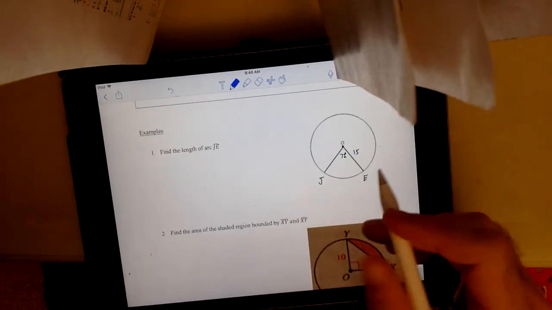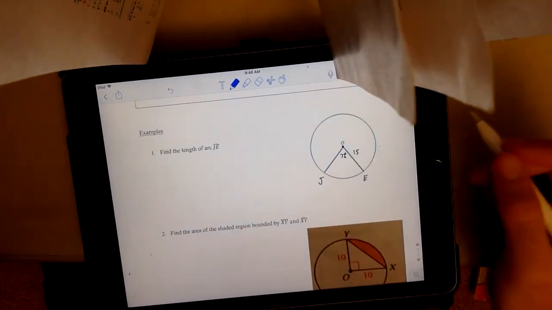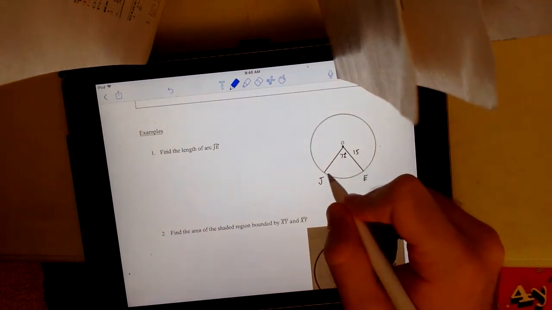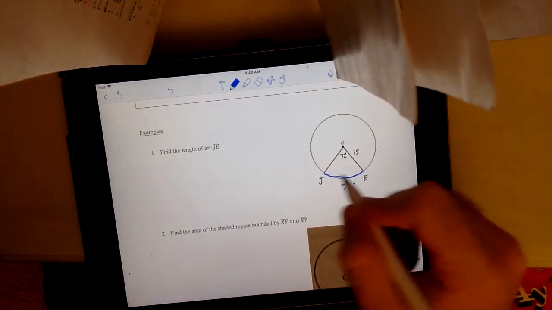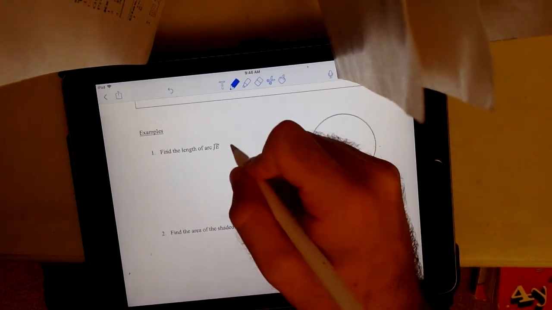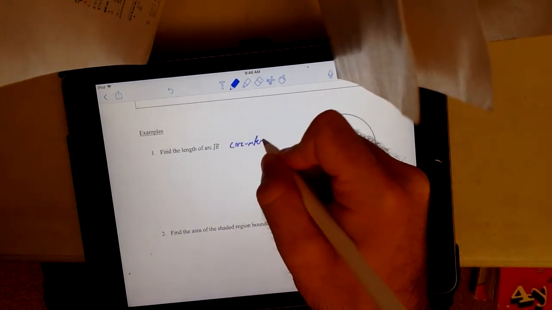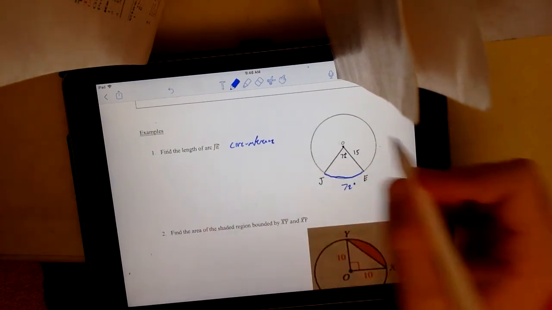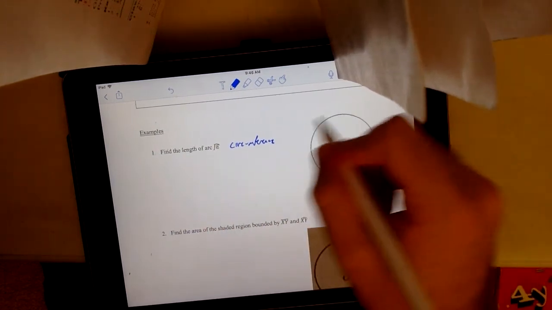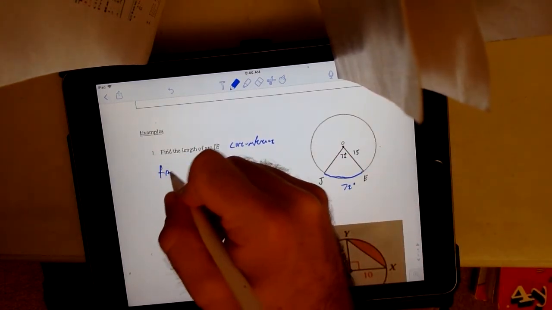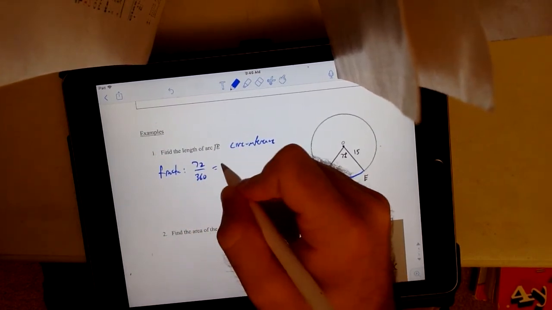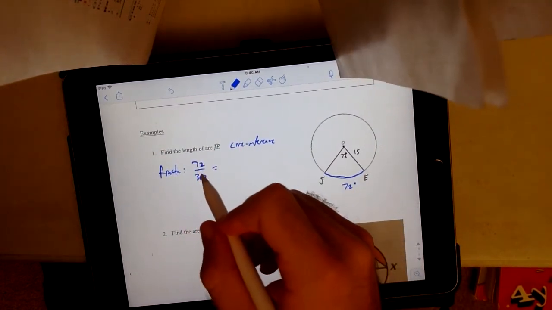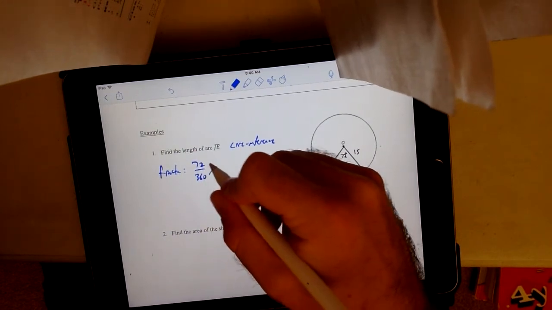So, find the length of arc GE. So we want to know how long that is. Not just that it's 72 degrees, how long? Think circumference. So it'll be the circumference times the fraction of the circle. The fraction is 72 over 360. And a trick for reducing that fraction is actually to flip it.